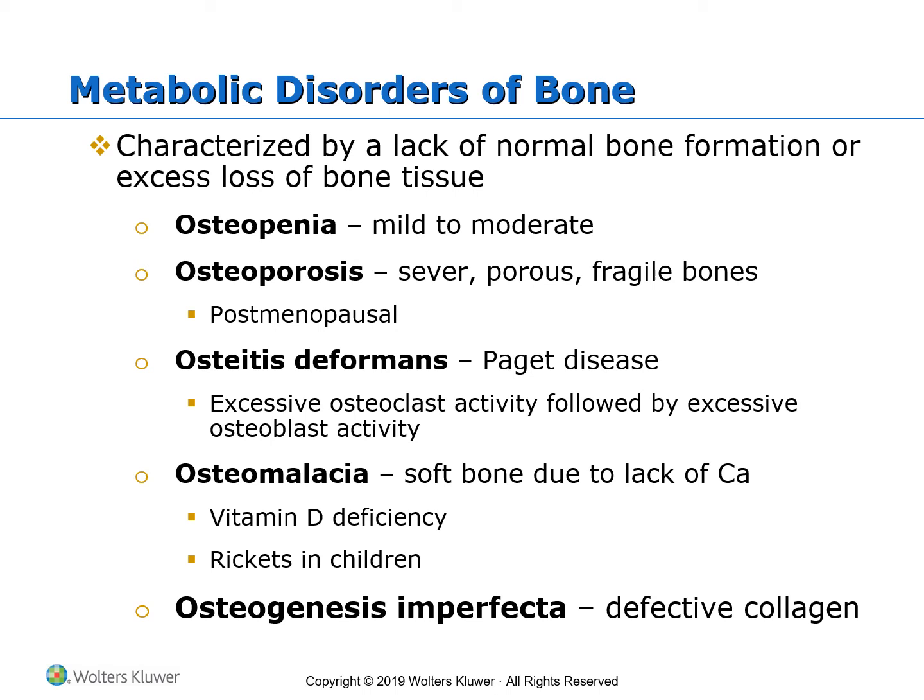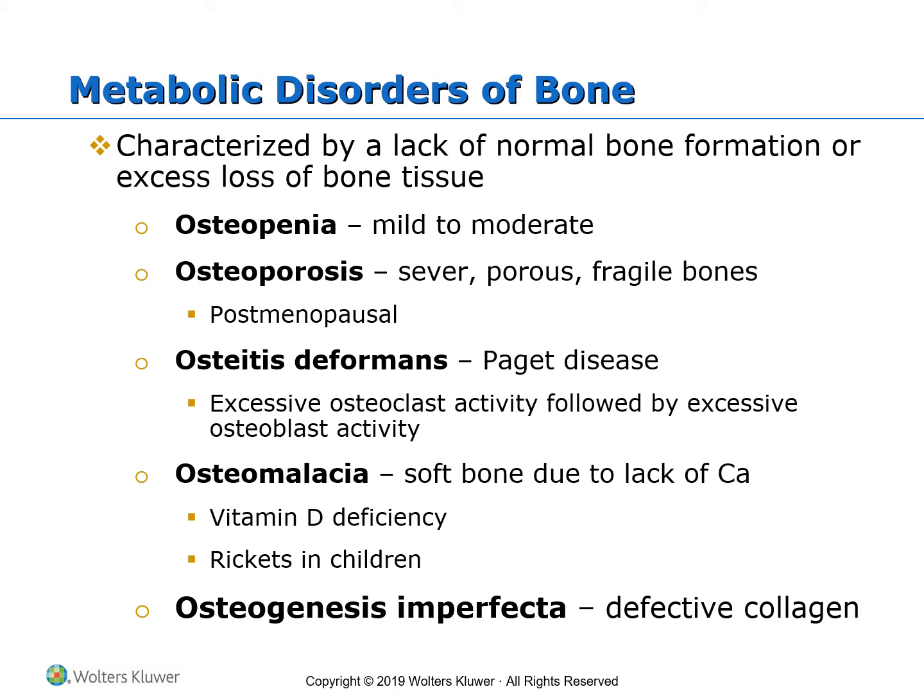Another type of metabolic disorder is osteitis deformans, and this results from excessive and sometimes abnormal osteoclast activity. As a result of this excessive osteoclast activity, we have excessive osteoblast activity in response to that.